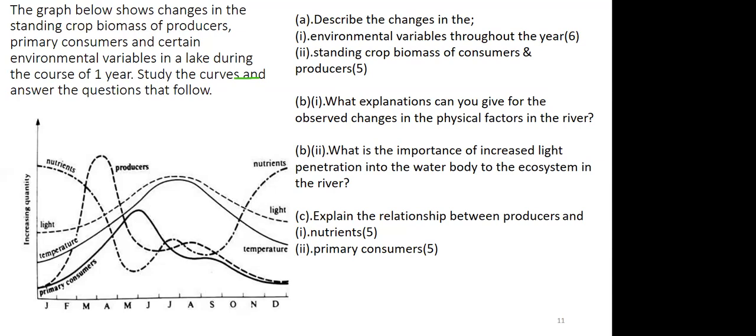From January to mid-February, there is a gradual increase in primary consumers, simply because the producers are also gradually increasing.